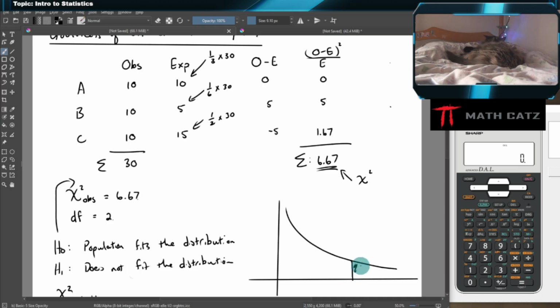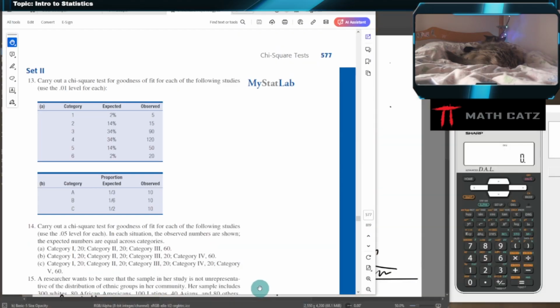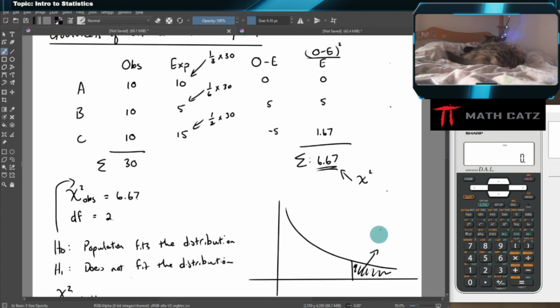And what's our cutoff? Our significance? 1%. So I'm going to consider it a little suspicious if I get something so extreme, in the extreme top 1% of samples that I could get.